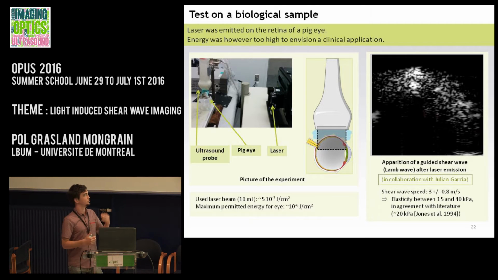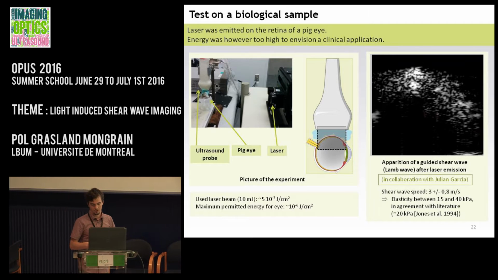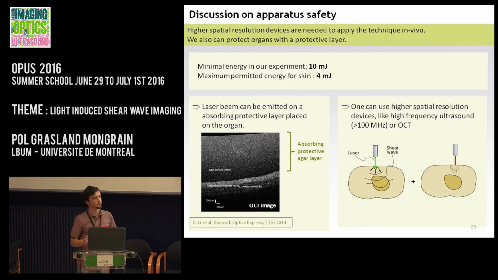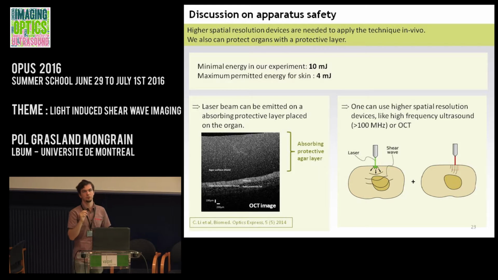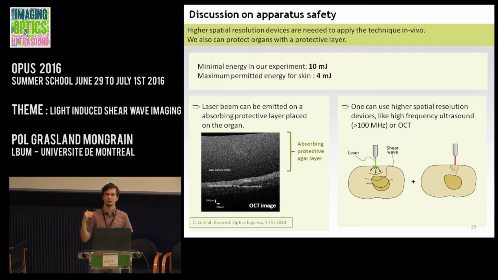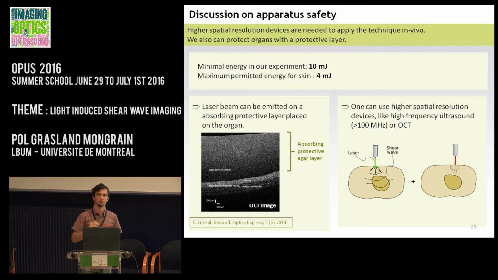So it was just a small manipulation, but we couldn't apply it on biological tissue. This was in the eye. For skin, we could use a higher energy laser. But in the experiment that I've shown you, the minimal energy that I used was 10 millijoules, and it is still higher than the maximum permitted.